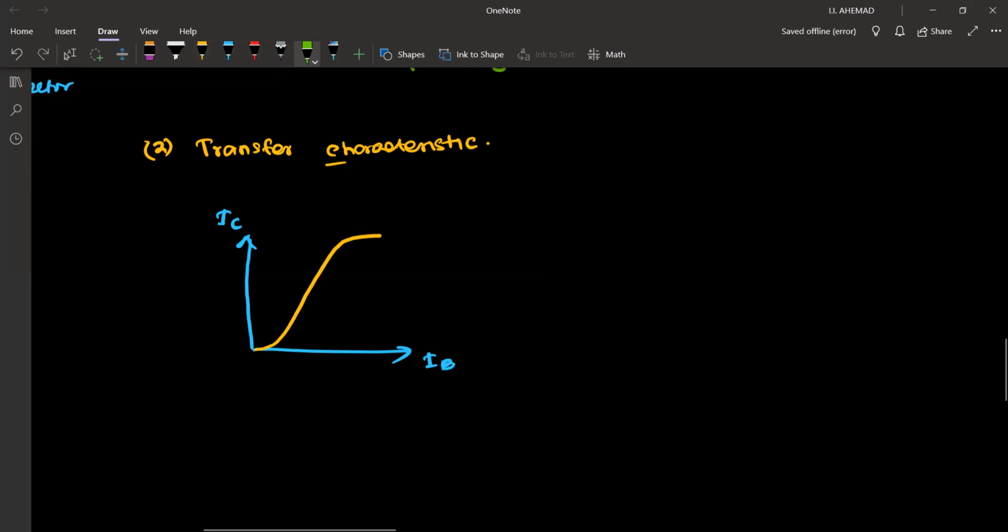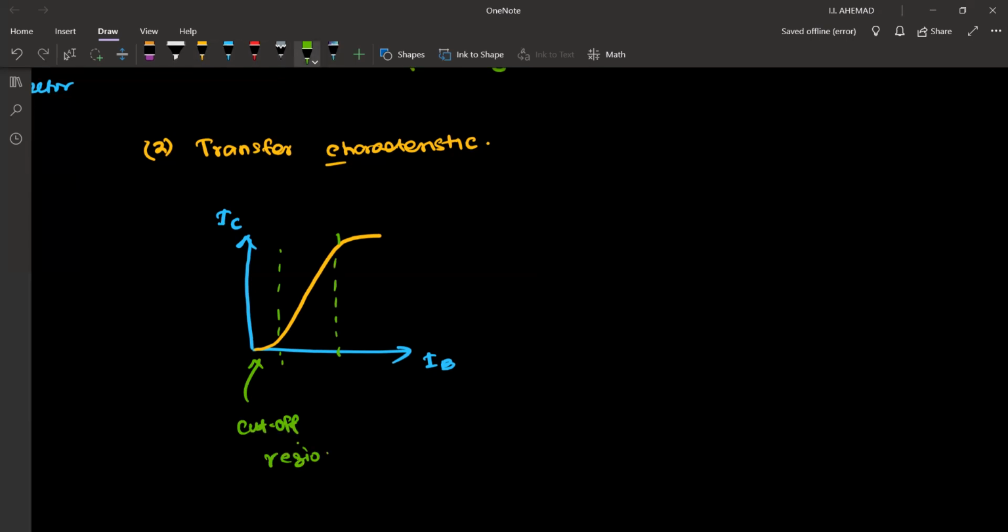So here, this region of the graph, we call the cut-off region. It is just like switch off because there is no current flow.